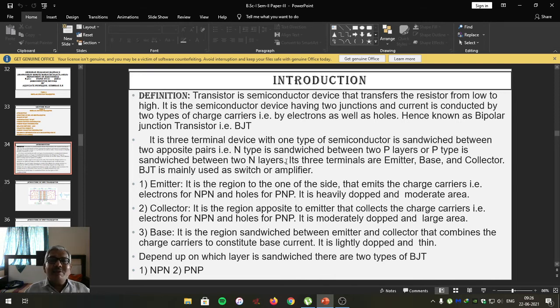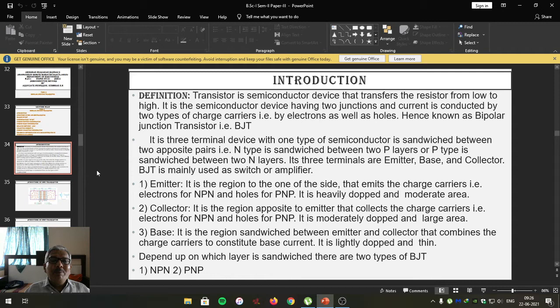It has three terminals, namely the emitter, base and collector. These are the three terminals of the bipolar junction transistor.